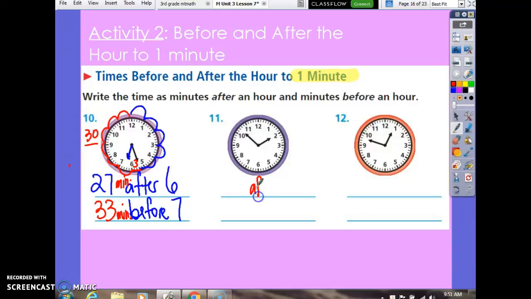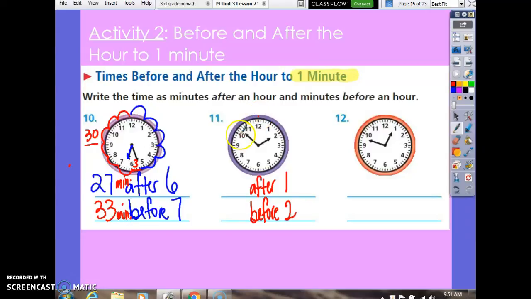We have after and before. How many minutes after the hour is it? Well, this is the hour hand, and it's 1 o'clock something because it's not at the 2. So it's after 1, which means it's before 2 o'clock. Now, how many minutes after?